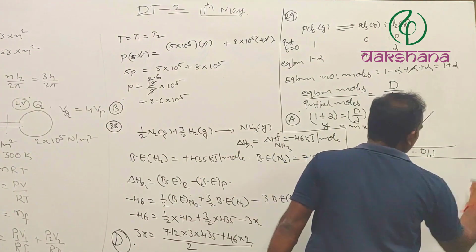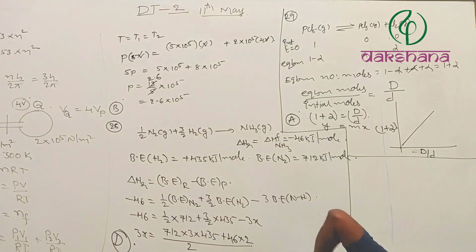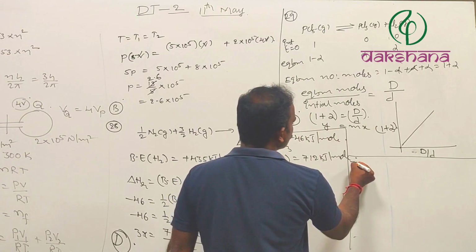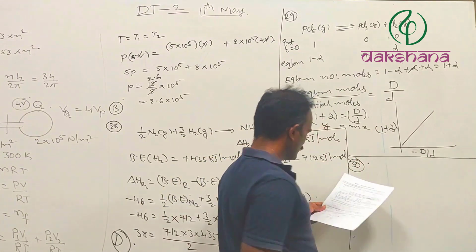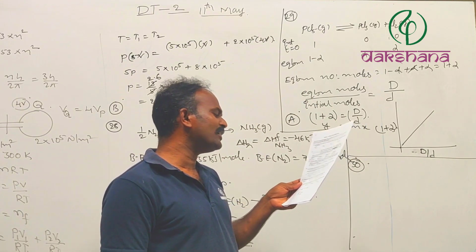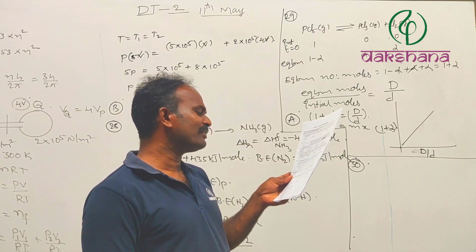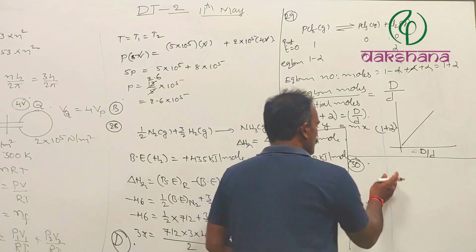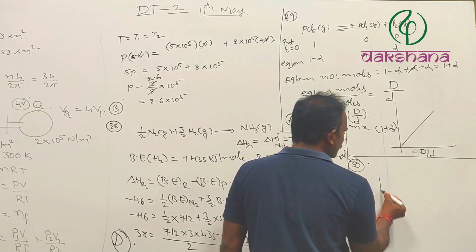Now question number 30. The first three nearest neighbor distances for a body centered cubic lattice with edge length L are asked. So you need body centered cubic.